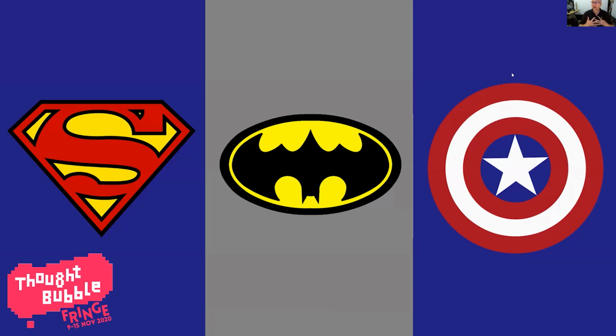A single black bat on a yellow background. And then on the right, we return to Captain America's shield. And again, it doesn't look exactly like the American flag, but there are enough visual clues to identify that as an American object to tie in with his costume.